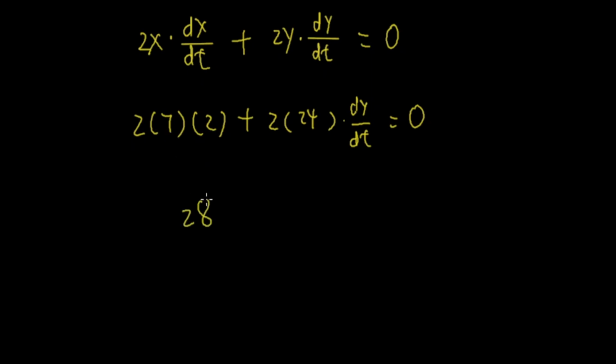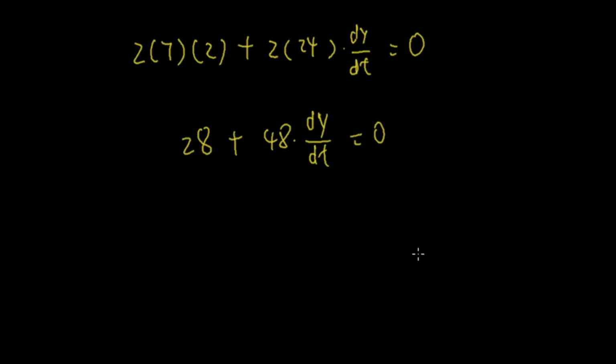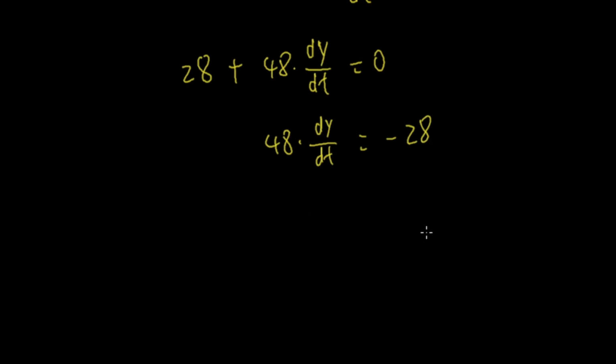So 28 plus 2 times 24, which is 48, times dy over dt equals 0. Now, subtract 28 from both sides. You have 48 times dy over dt equals negative 28. Divide both sides by 48. You have dy over dt equals negative 28 divided by 48.